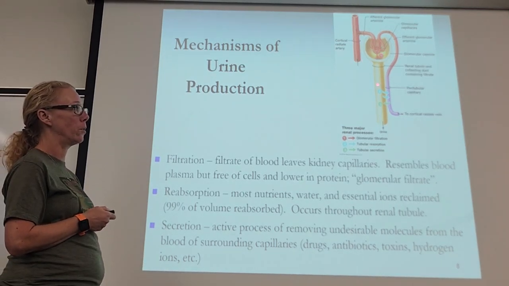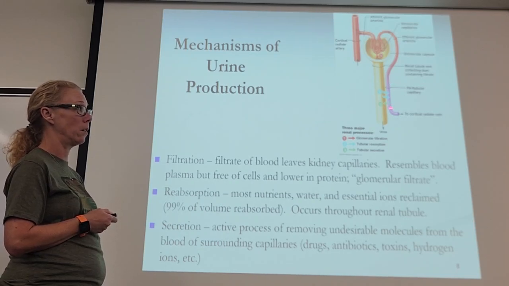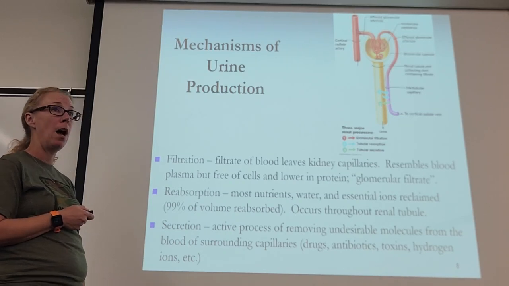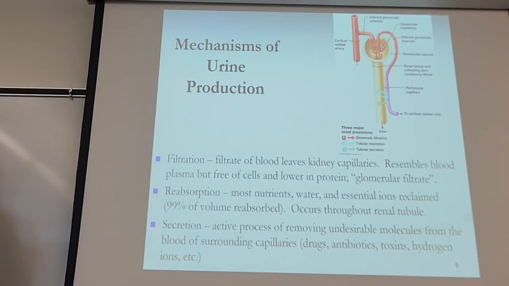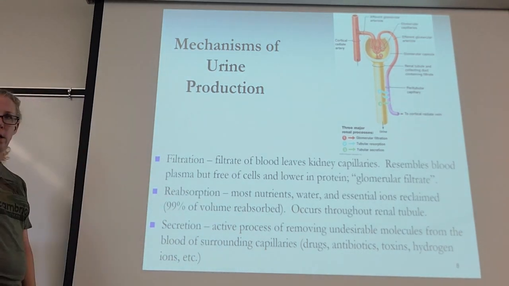Because again, 99% of it's thrown back in your bloodstream. So your bloodstream may have other items that it wants to get rid of that wasn't necessarily part of the filtrate, so it can secrete them back into the PCT because of the peritubular capillaries. Okay. So things like toxins, drugs, antibiotics, other ions that you don't need.